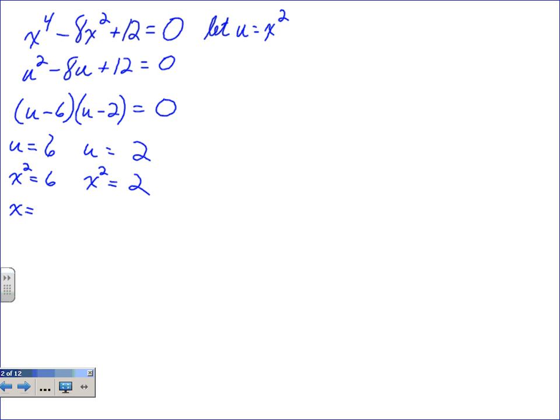No, not 36, we're taking the square root of each side. Oh, so x equals plus or minus square root of 6, and x is equal to plus or minus the square root of 2. These are the 4 places where this function crosses the x-axis. Those are the roots. Those are the zeros.